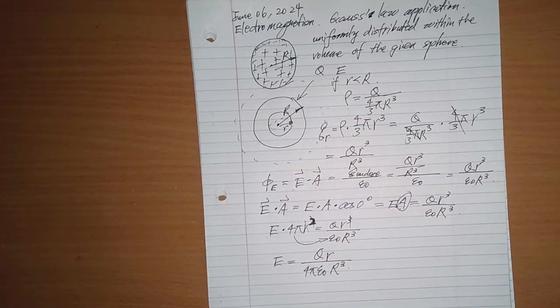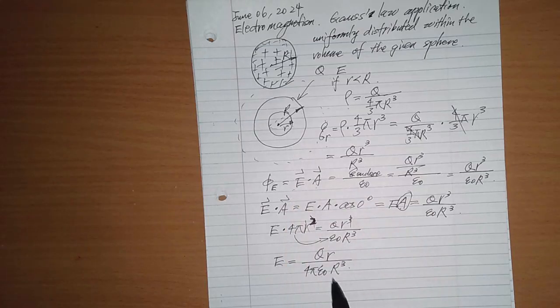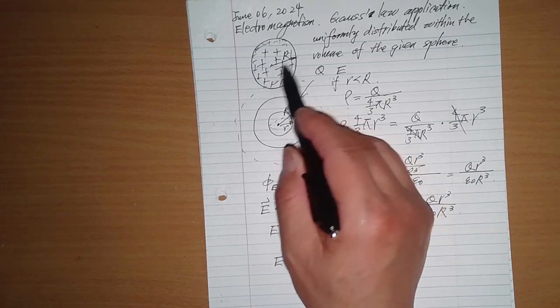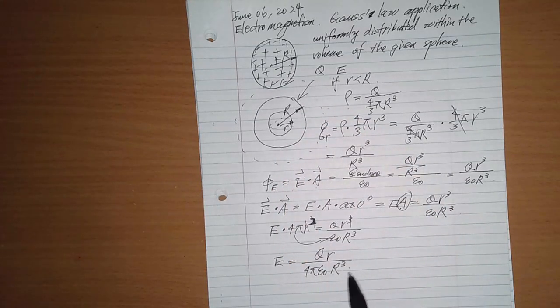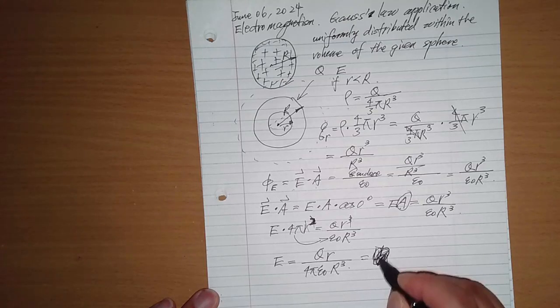Now, if we increase this r, then what about the value of the E? Since this Q is constant, and R is the radius of the sphere, also a constant, this is basically equal to a big K. I shouldn't use the K because you might get confused.